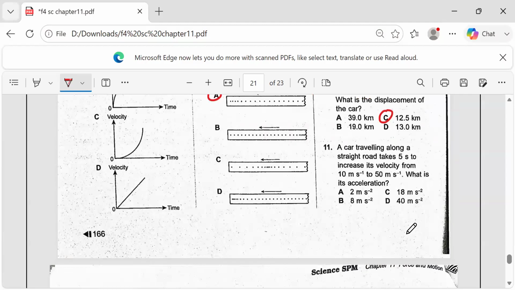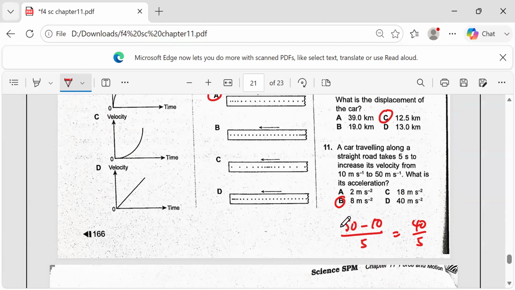A car travels along a straight road and takes 5 seconds to increase its velocity from 10 to 50. What is the acceleration? So you take 50 minus 10 over 5 seconds. So 40 over 5 seconds is 8 meters per second per second. Do you understand? This is acceleration.